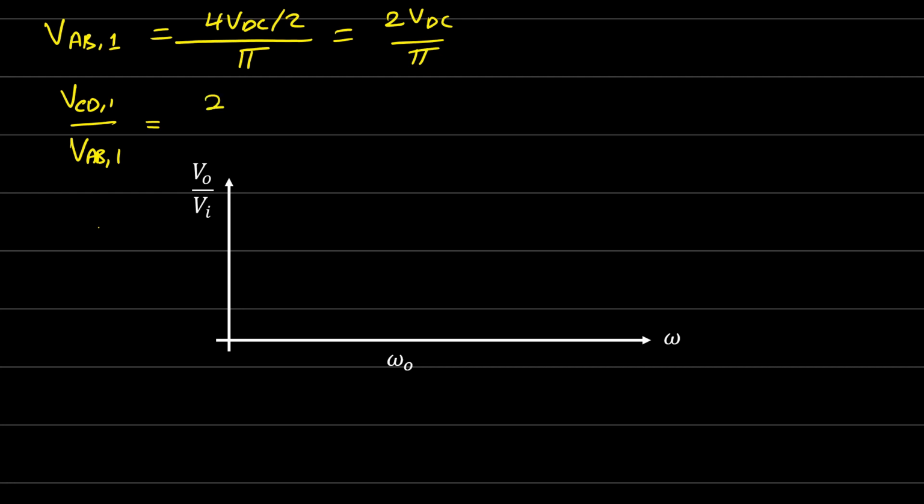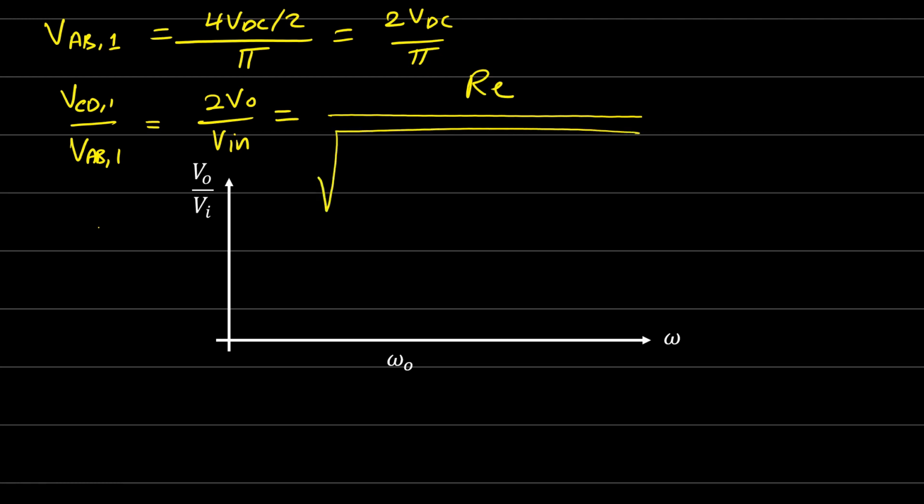V_CD1 over V_AB1 is equal to 2 V out over V_in, and this from last lecture is equal to, we replace R by R equivalent, over the square root of R equivalent squared plus (omega L_R minus 1 over omega C_R) squared.